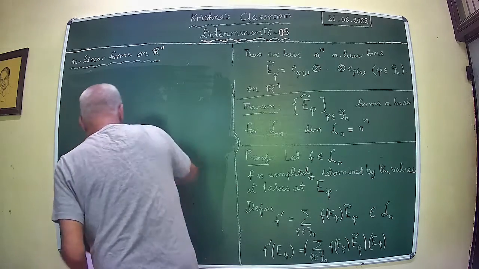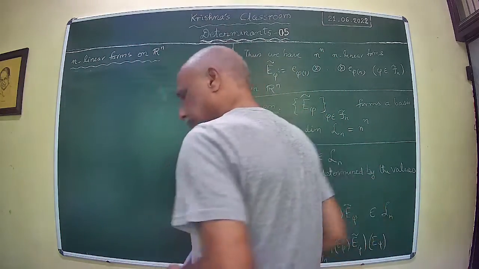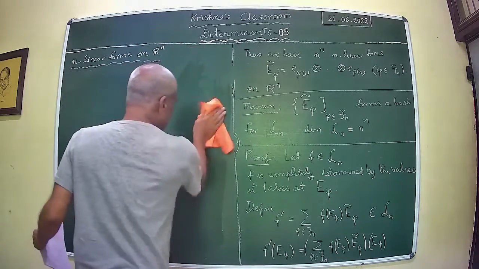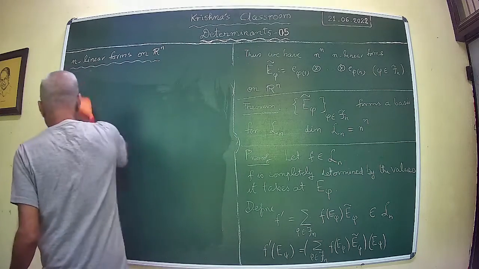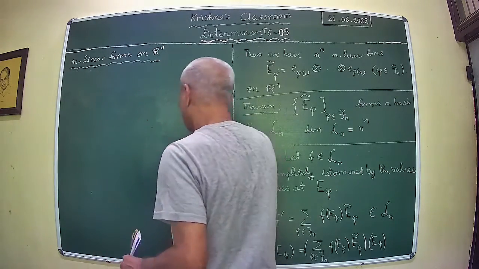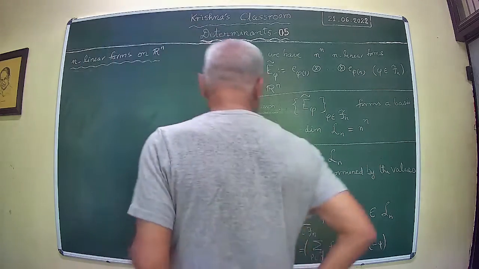Now let us evaluate this at E psi. Okay. So what about this? Suppose you evaluate this, use the property that E phi tilde E psi equal to 1 whenever phi is equal to psi, otherwise 0.